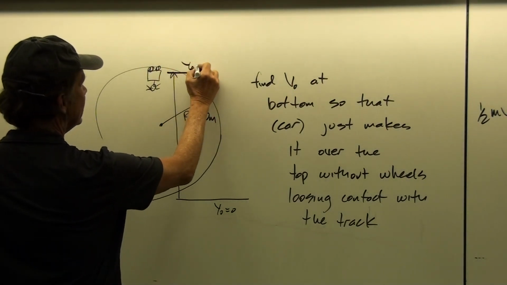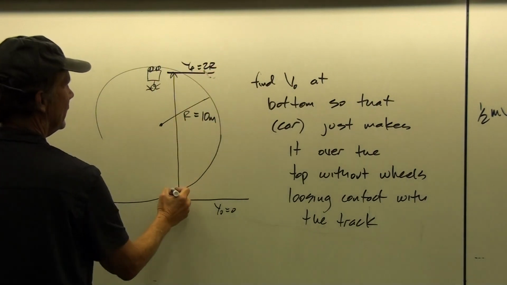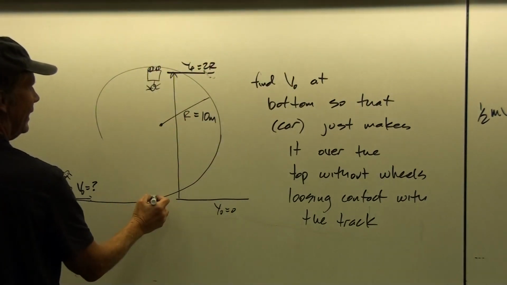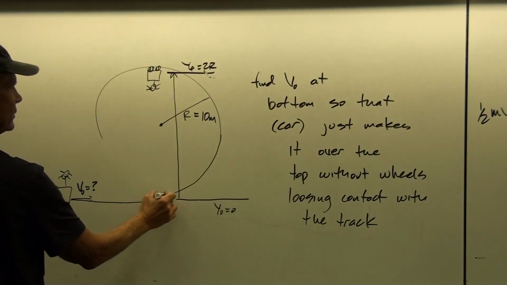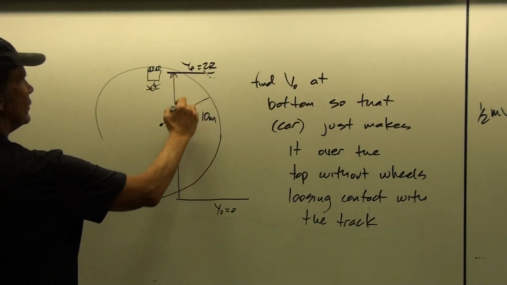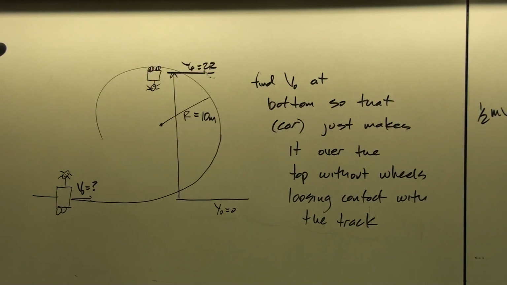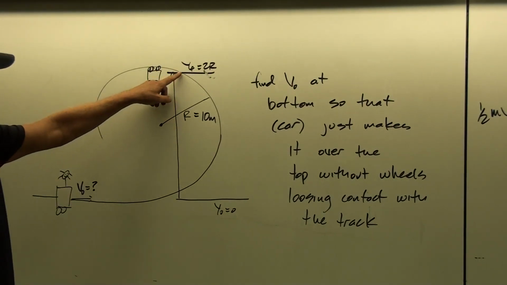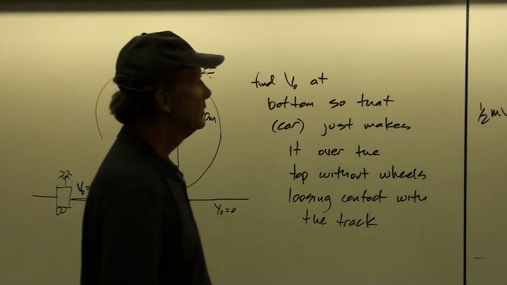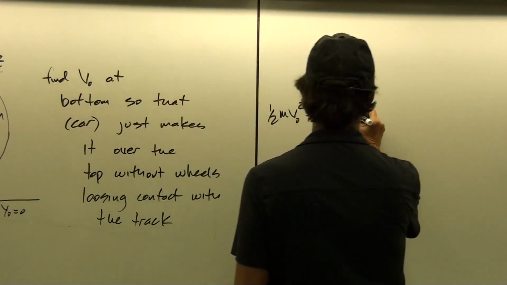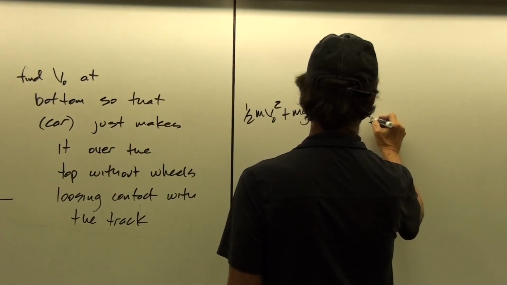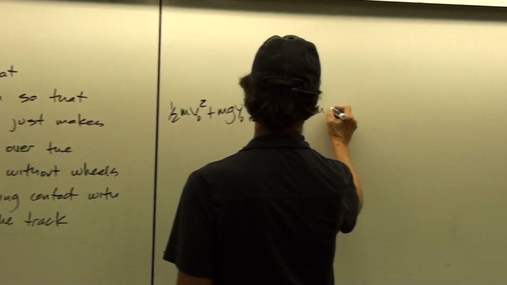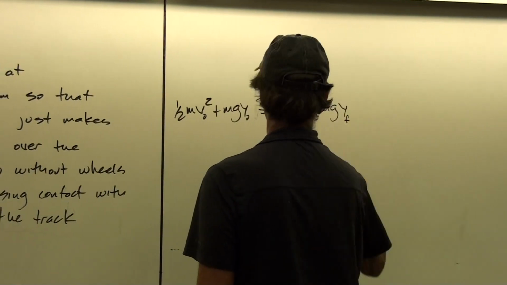So here y final will be 2r. Not pi r, as would be the case if you followed this path along the arc, the circular arc path, but just the vertical distance that you are above the ground. And so that'll be our y final is 2r. So you have 1/2 mv naught squared plus mg y naught equals 1/2 mv final squared plus mg y final.